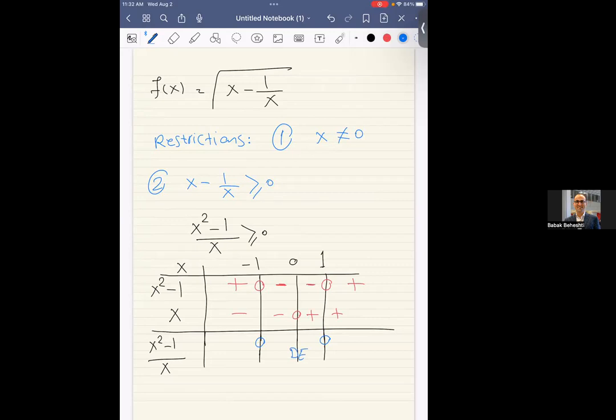Okay, now you just multiply the signs, because once you divide two terms, you just multiply their signs. So plus times plus is plus, negative times plus is negative, negative times negative is positive, positive times negative is negative.